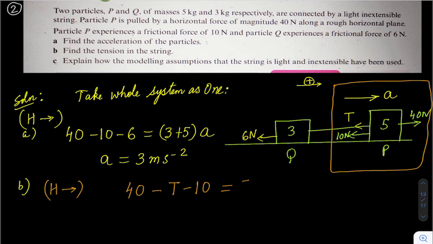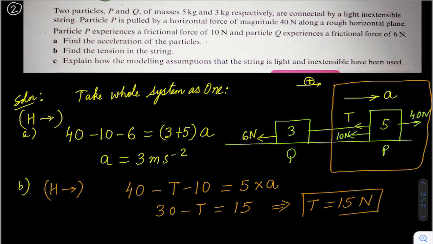Net force is equal to mass, that is 5, into acceleration, that is A, and the A value we already know, that is 3. So 30 minus tension T is equal to 5 into 3, that is 15. From this, I am getting my tension as 15 newtons. So tension in the string is 15 newtons, and acceleration is 3 meters per second squared.